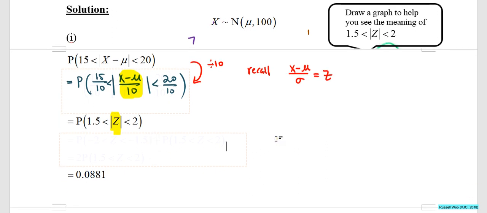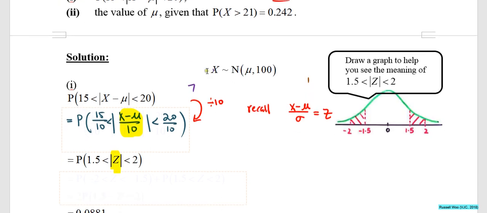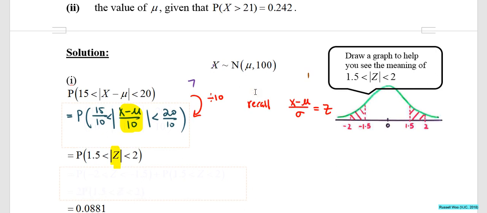Or can we? Because we have a mod. Sorry, we cannot use GC because we have a mod. Oh, yeah, got the diagram. You want mod z to be between 1.5 and 2.